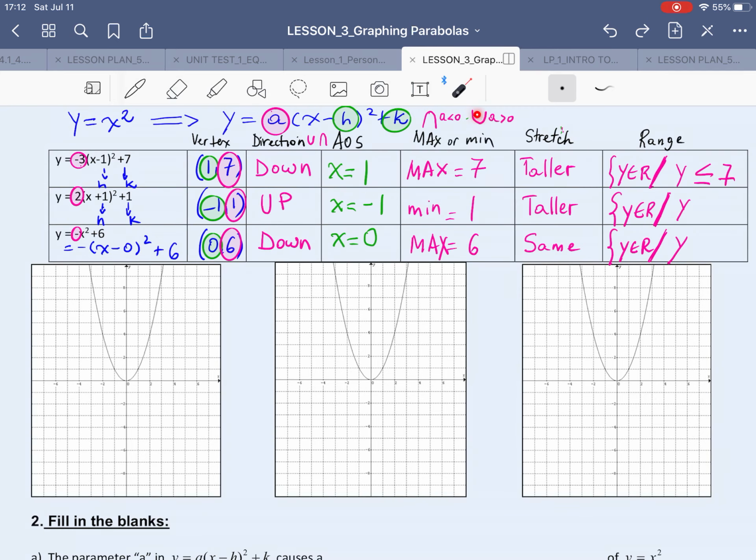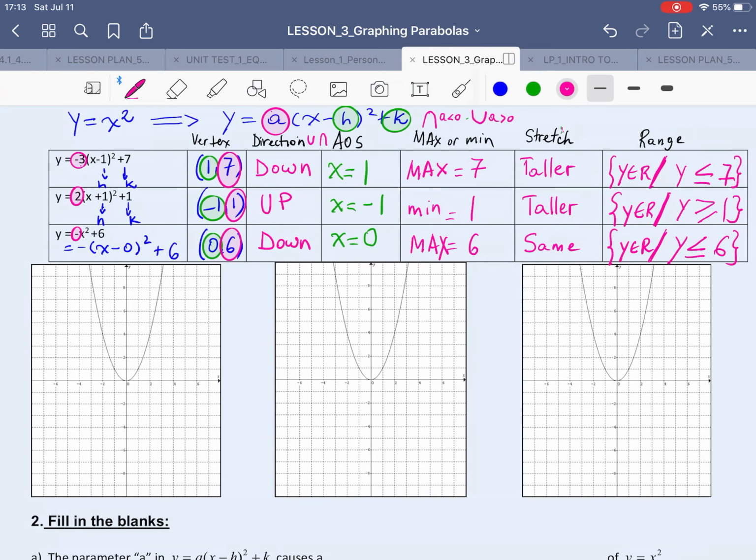Well, if it has a minimum, the rest of the points have to be above the minimum. So we say bigger than or equal to the minimum. And if a parabola has a maximum, again, like in the last example, then we'll say that the range will be less than or equal to the highest point, which is at 6. And I will close the squiggly brackets in here, or the braces as we call them.